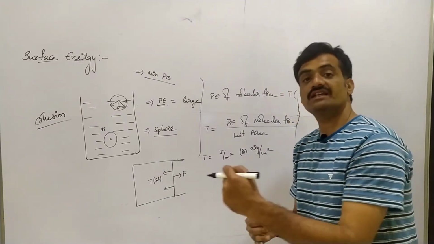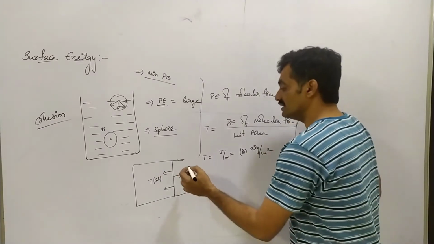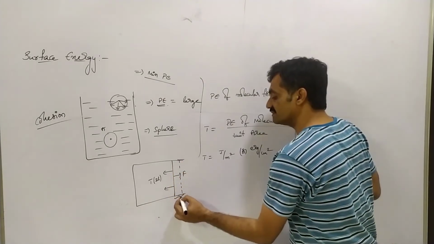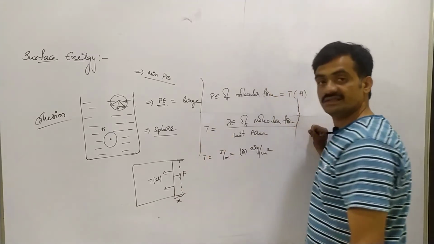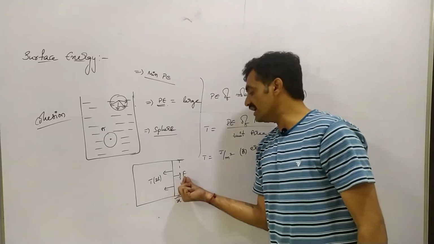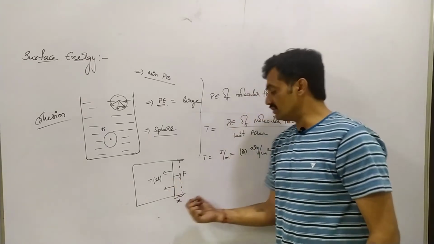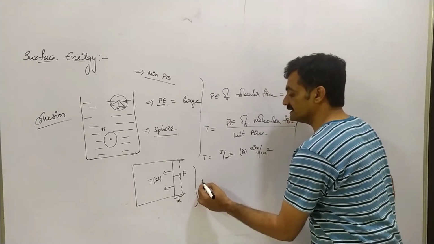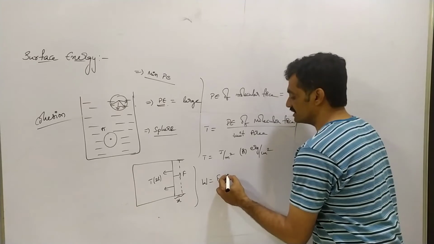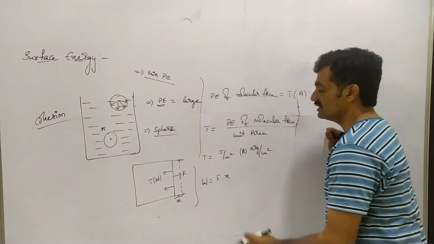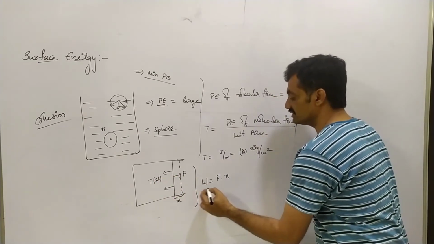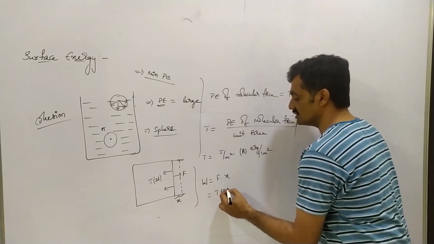If we increase the force such that the wire attains a new displacement, represented as X, the work done in moving the wire by applying an external force is W equal to force into displacement X, where the force is F equal to T into 2L.